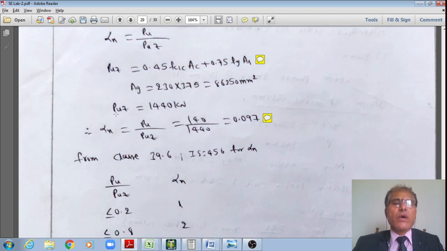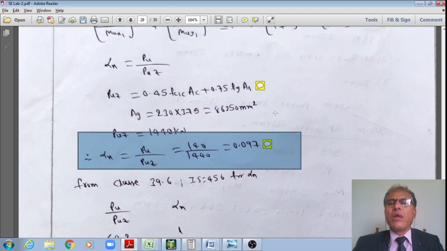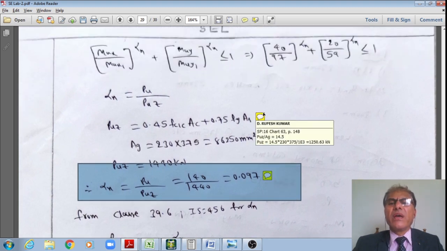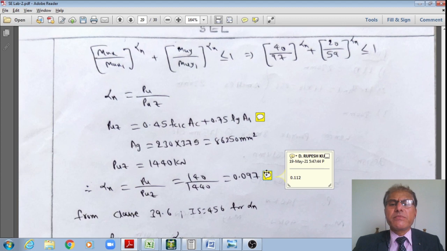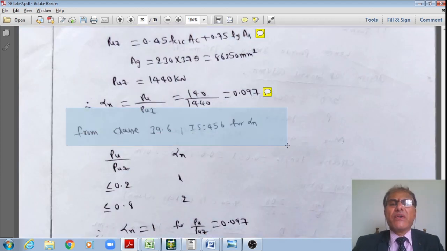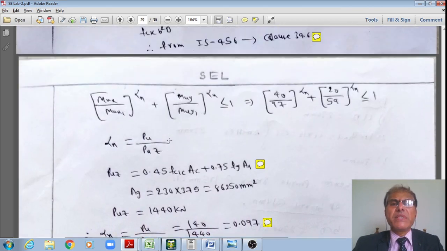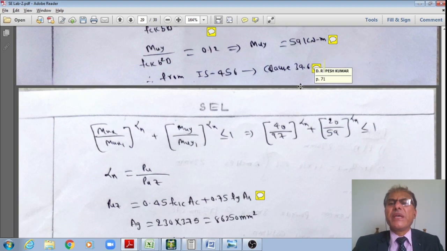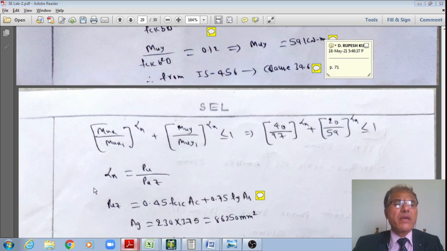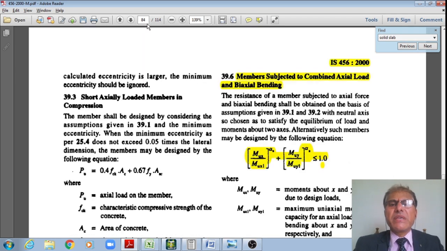Therefore once I get that, now I'll calculate alpha n. That alpha n now works out approximately 0.112, student, right. Pu 140 divided by the 1251 just now calculated is approximately 0.112. Therefore, from clause 39.6 of IS 456, page number 71. Let us revisit that page number 71, student, right.